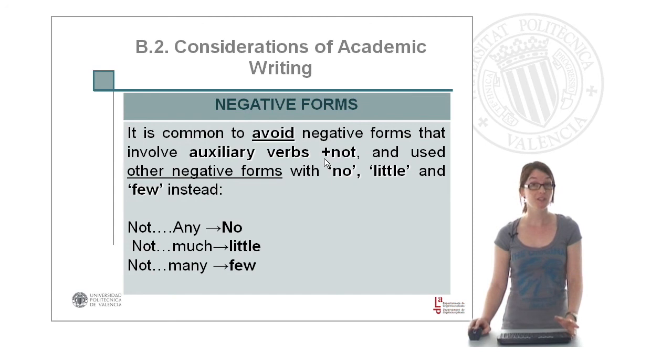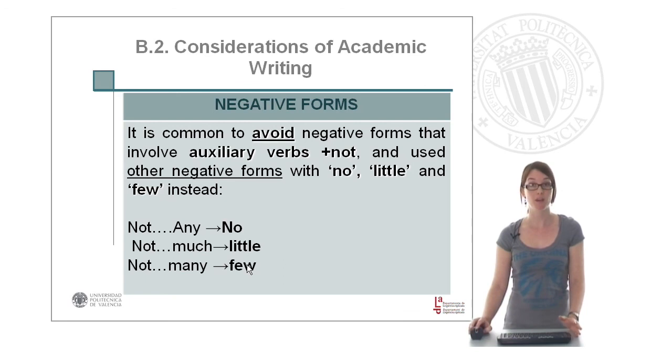Well, in academic writing, it's very common to avoid negative forms that involve the auxiliary verb plus not, and instead you use other negative forms with no, little and few. So when you find any of these structures, not any, you replace them by no, not much, you replace them by little, and not many, you replace them by few.